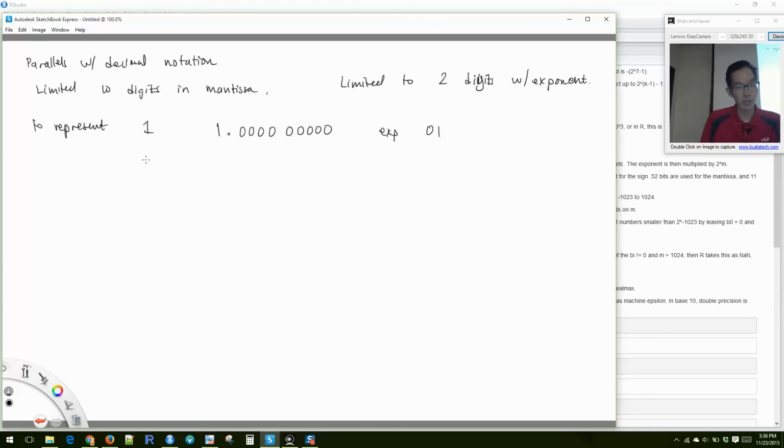Everything else is quite straightforward. To represent 1200, you would have 1.2, a bunch of zeros, and then your exponent would be 0, 3.